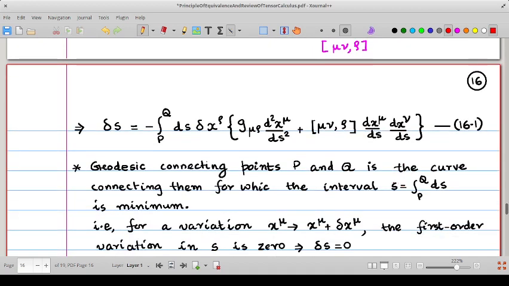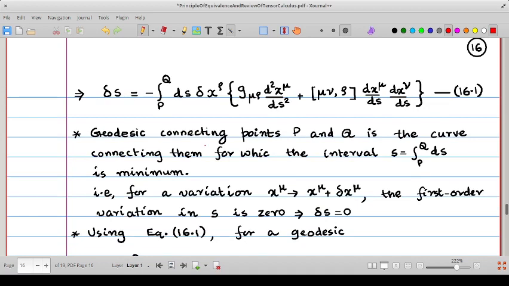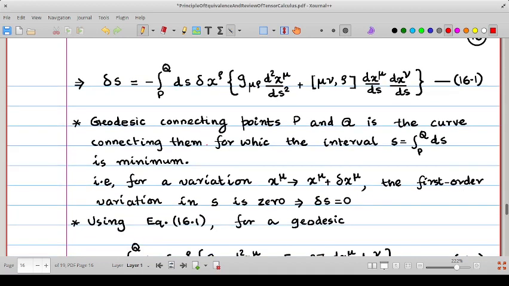Now for a geodesic connecting the points P and Q, this variation up to first order should be 0. And this should be 0 for arbitrary infinitesimally small changes in the path, that is changes in the coordinates given by this. So for any arbitrarily small delta x, this should be 0.